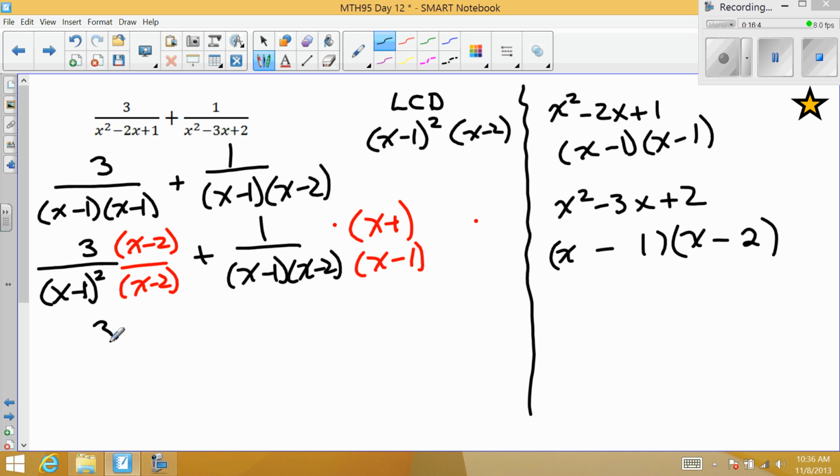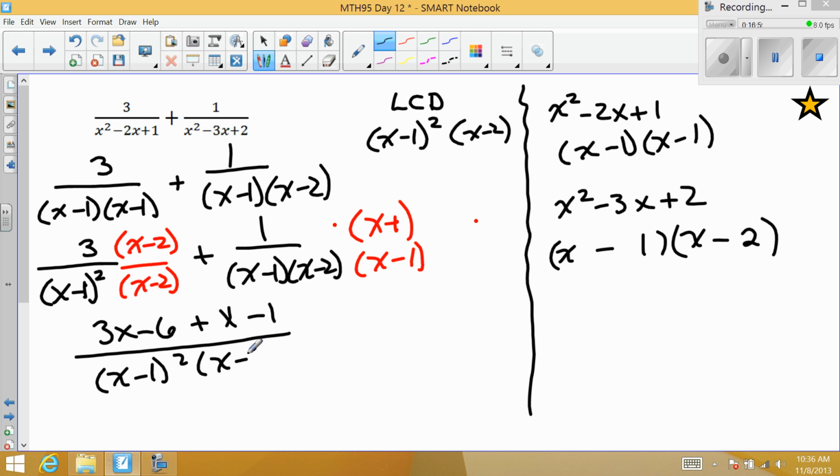So I've got a 3x subtract 6, distributing through my numerator here, plus 1 times x for x, and 1 times subtract 1 for subtract 1, all over x subtract 1 squared times x subtract 2. And again, your choice, if you prefer to write this as x subtract 1 twice, that's fine.